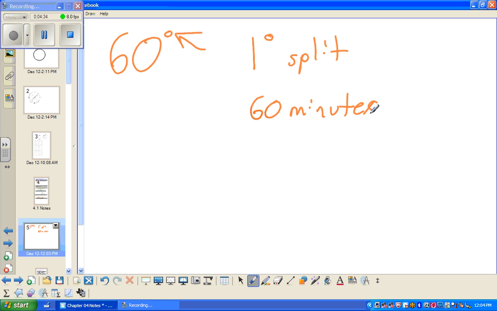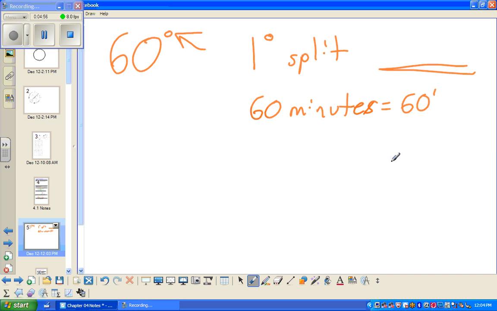Imagine taking this very small 1 degree and splitting it up into 60 parts. Those 60 minutes are represented using this symbol here.